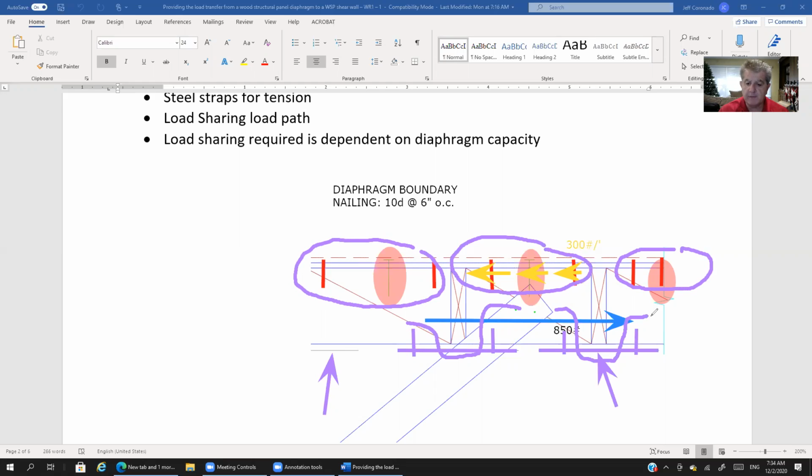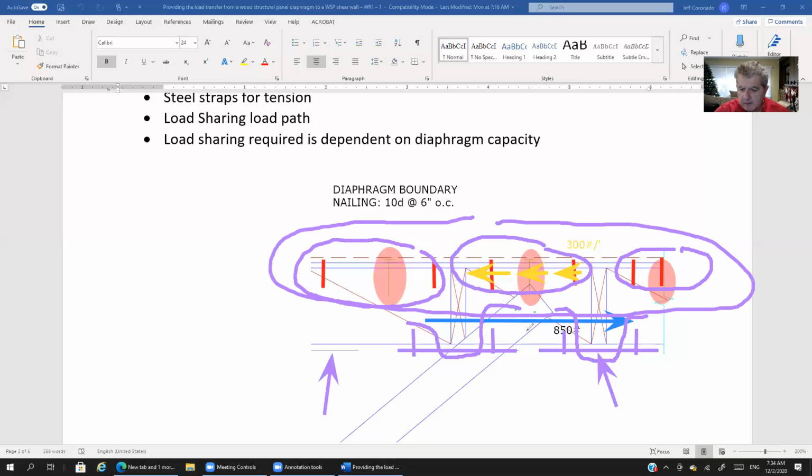How much load you have to dissipate will dictate how many blocks you have to put in and how many blocks you have to strap together to ultimately get enough nails up here at, what did we say? Here it is, at 300 pounds per foot to resist the 850 pound load that we have, right?